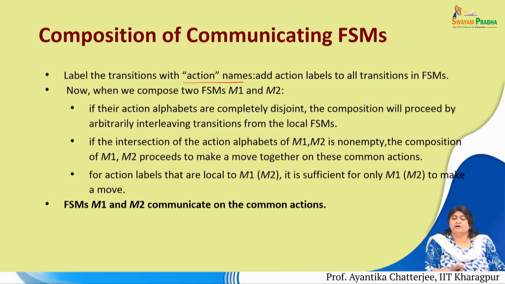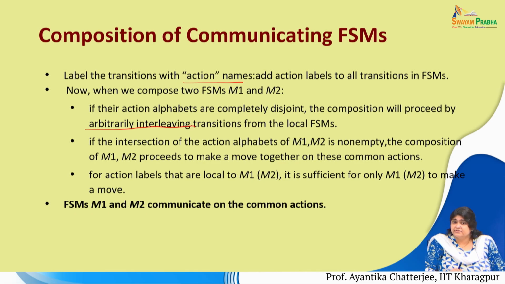Now, when we are talking about two concurrent or communicating FSMs, it may happen that the actions we define are completely disjoint, with no overlapping. In that case we can do this kind of arbitrary interleaving, that is fine if these alphabet sets are totally disjoint.